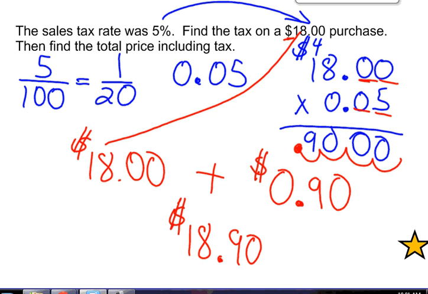And of course, you could have done this all with your fraction also. To do it quickly, I could just say take 1/20 times $18, right?